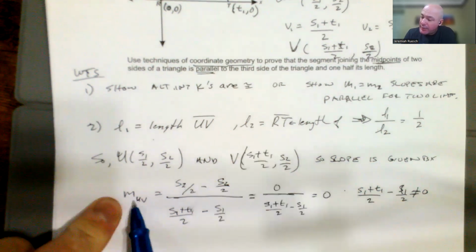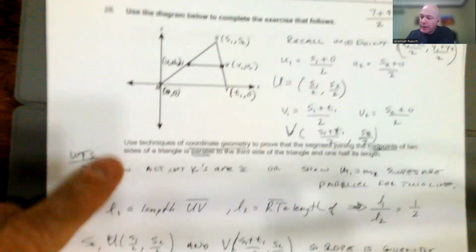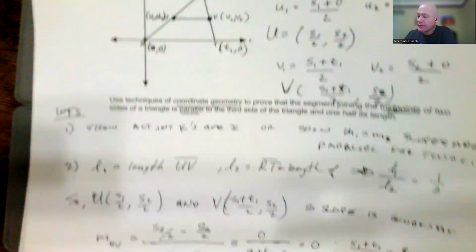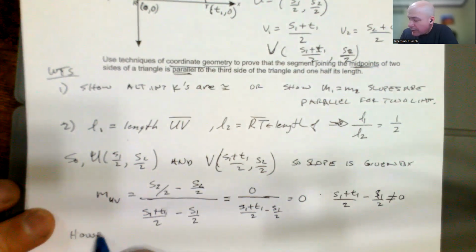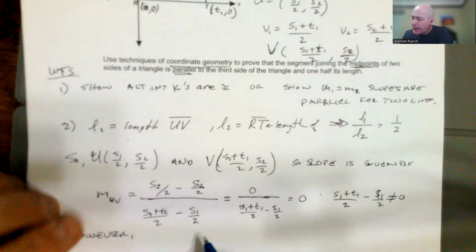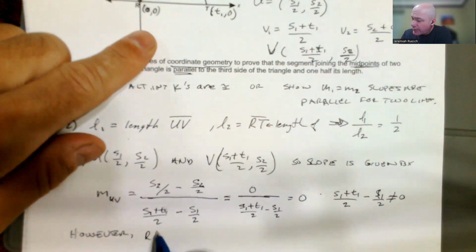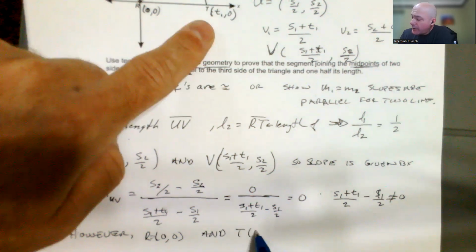So the slope connecting the points U and V, not that you can see it there, but much like an image shows, that slope is equal to 0. Okay, so however, note that the point R is equal to 0, 0, and T is equal to T1, 0.